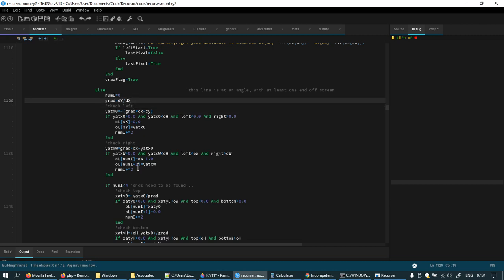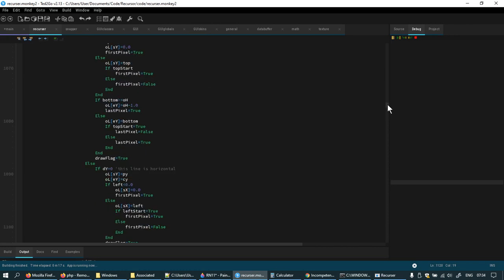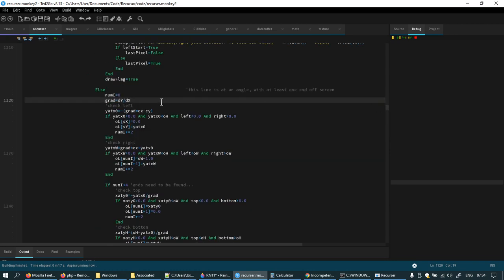That's the segment, because the dy dx is based on cx px, or rather, the difference vector is based on the current vector and the previous vector. So the gradient is based on the difference in the actual line, the segment, not the line that's to be plotted to the display, the output.